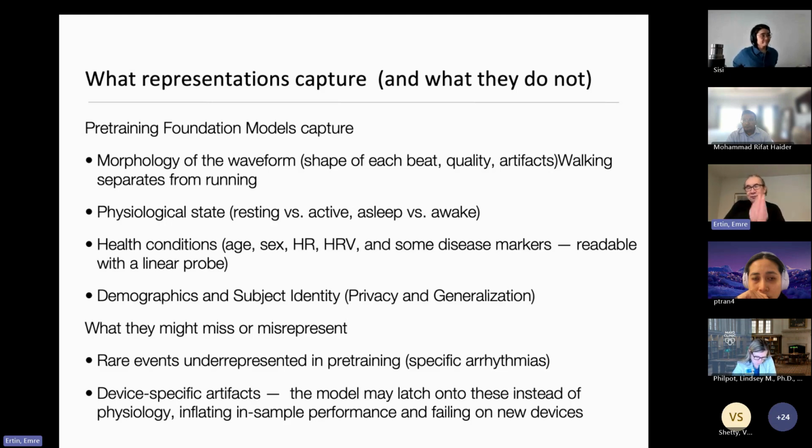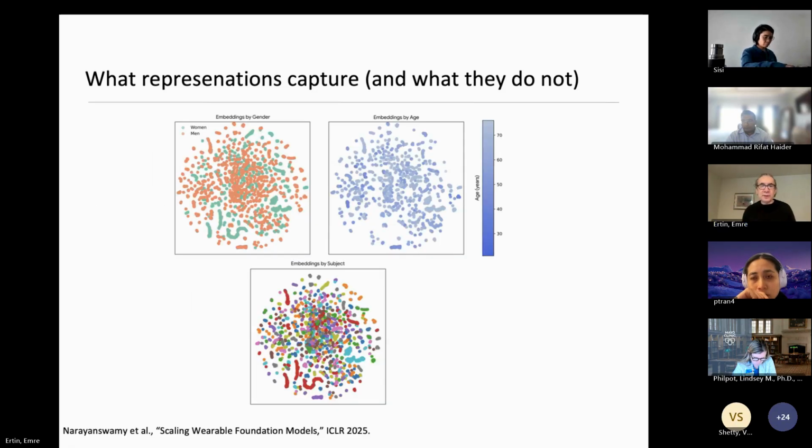And obviously, if I take that foundation model to a different device, which doesn't have this problem, I might be misled and might have terrible real-world performance. So one has to understand these pitfalls exist when you train with no labels.